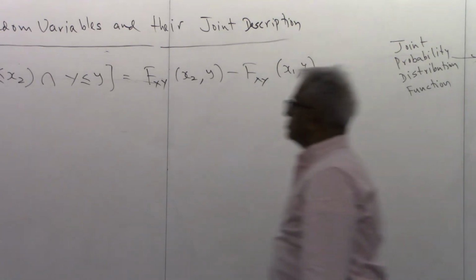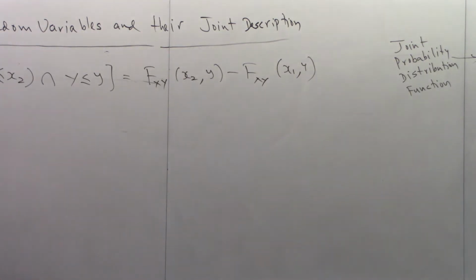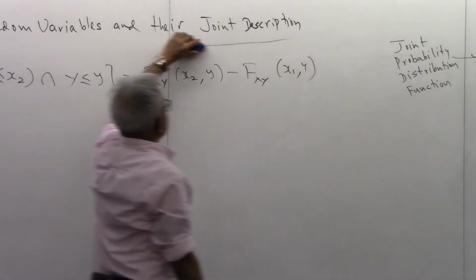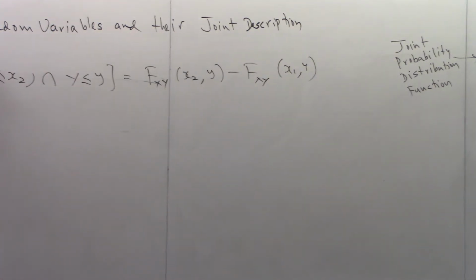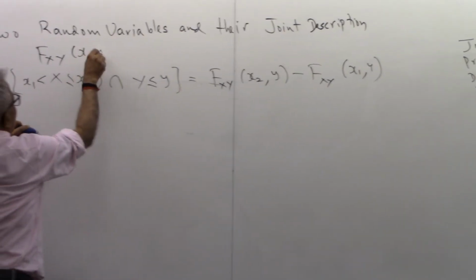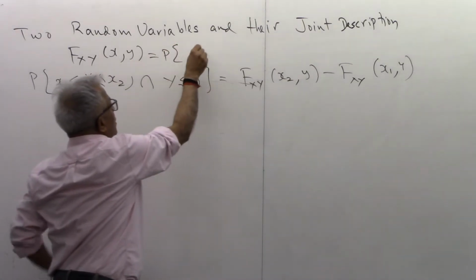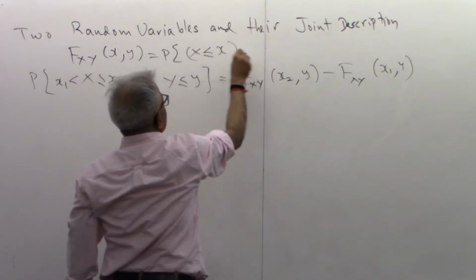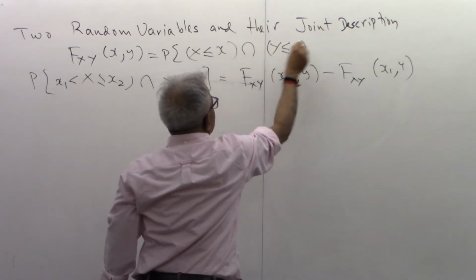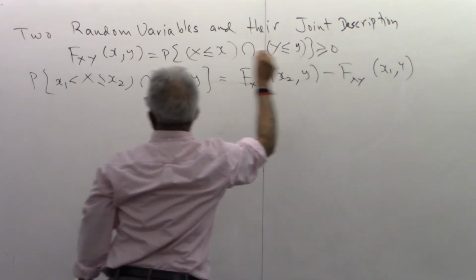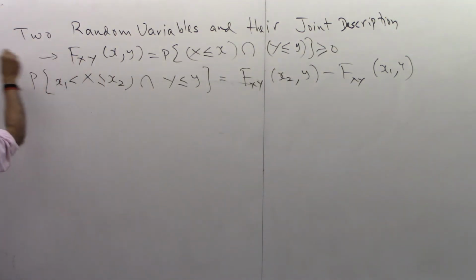And of course, F_XY(x, y) is the probability of x less than x intersection with y less than y. And this is the joint probability distribution function, or cumulative distribution function.